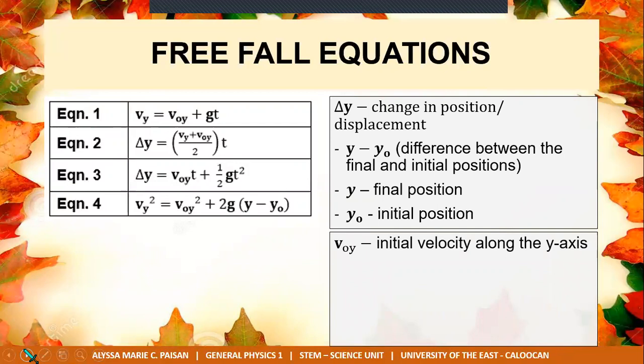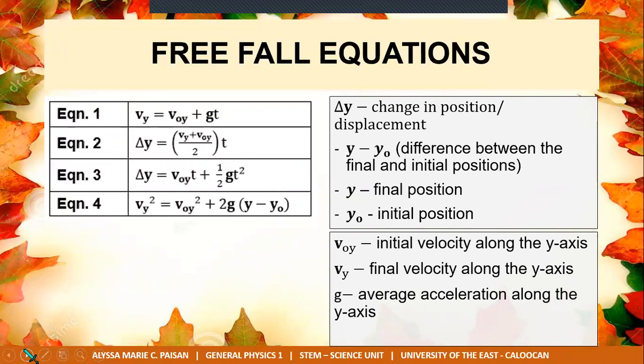We also have the velocities: v naught y, the initial velocity along the y-axis, vy, the final velocity along the y-axis, and g, the average acceleration along the y-axis, which is also the acceleration due to gravity. And of course, we can't forget time, t, which is the time of travel, sometimes called the time of flight.